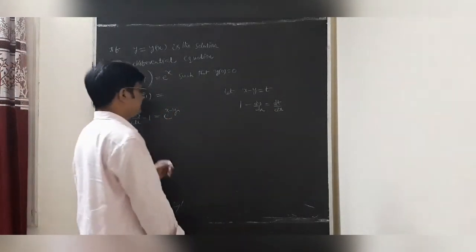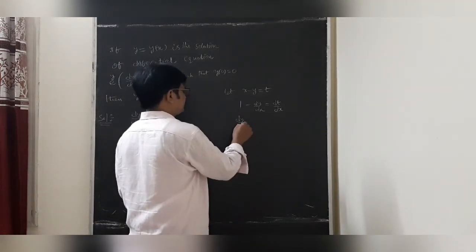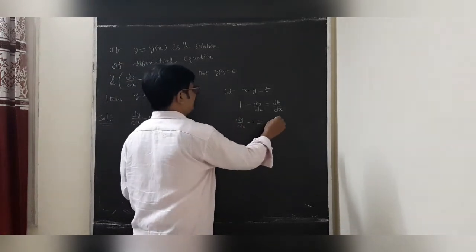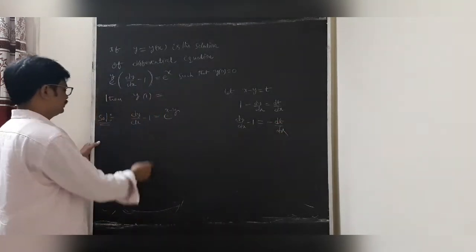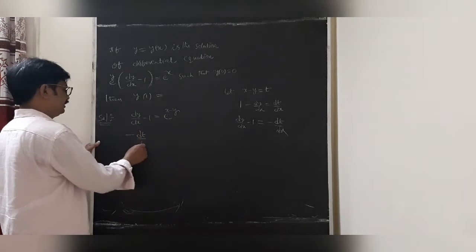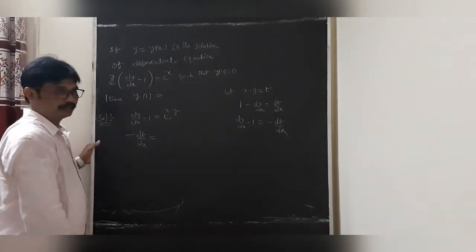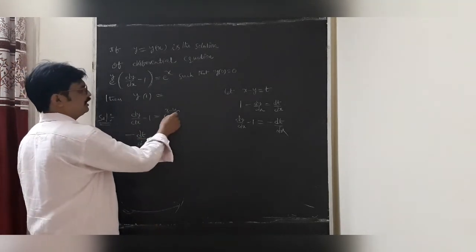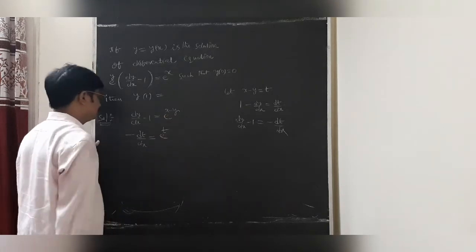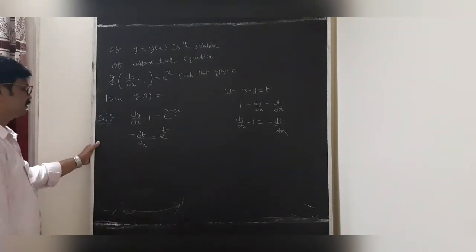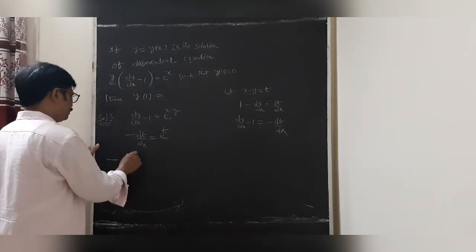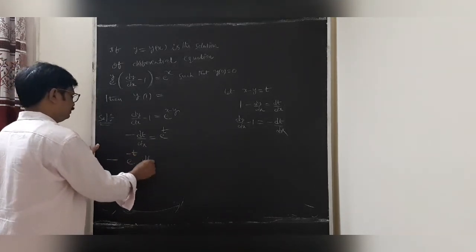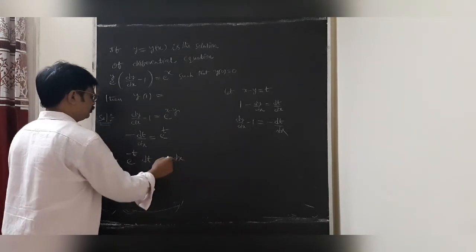So students, 1 minus dy by dx equals dt by dx, so dy by dx minus 1 equals minus dt by dx, and e power x minus y we take as t. So how to write this, students? Just write minus e power minus t dt equals dx.